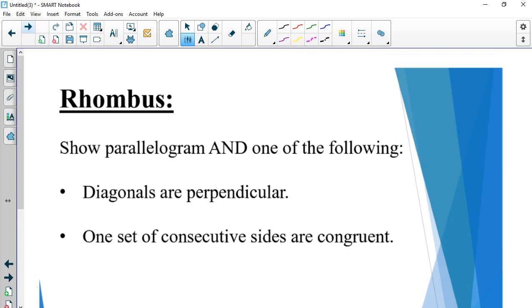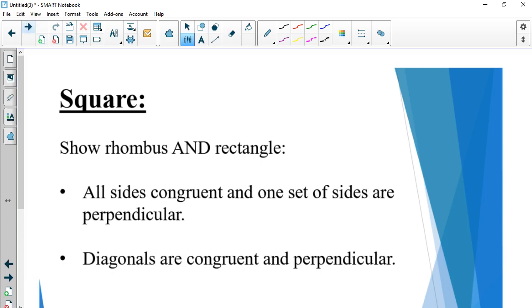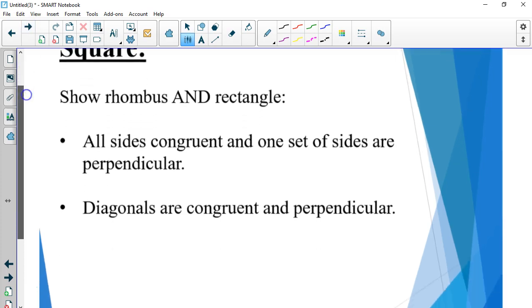For a rhombus, you have to show that it's a parallelogram, like at the beginning, and then the diagonals are perpendicular, or one set of consecutive sides is congruent. So that would be the distance formula there. Your choice. To show a square, you have to prove it's a rhombus and a rectangle.